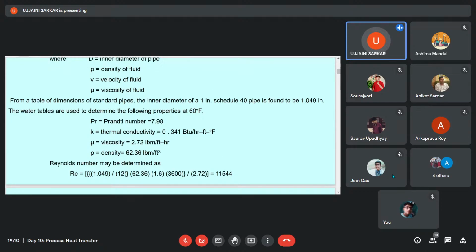So quickly find out the specific heat capacity of water at 60 degree Fahrenheit and check whether the Prandtl number is coming equal to 7.98 or not.